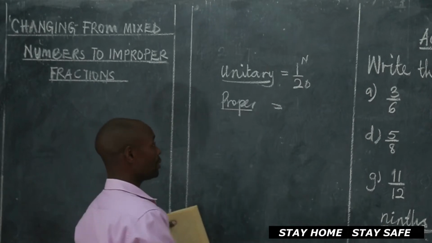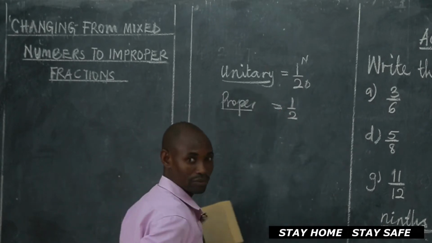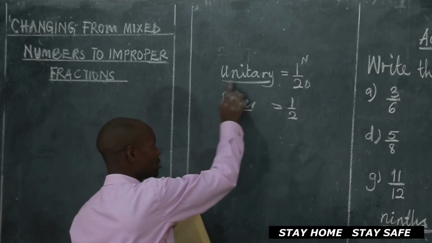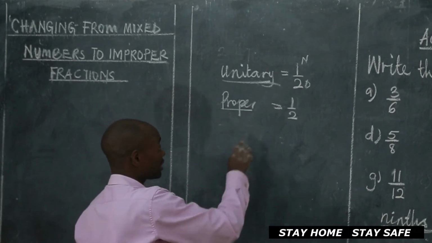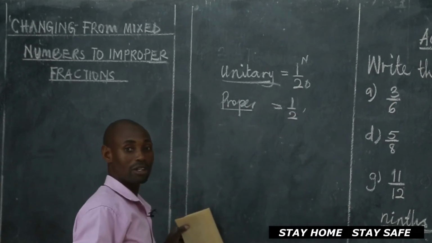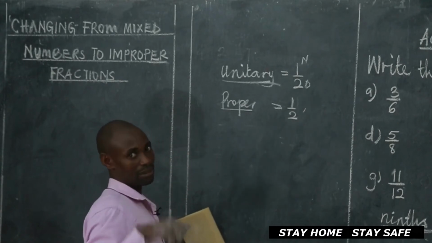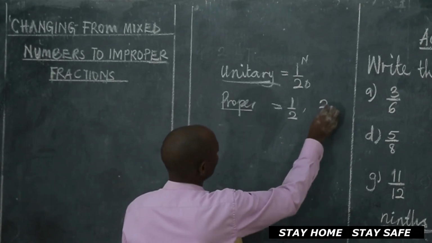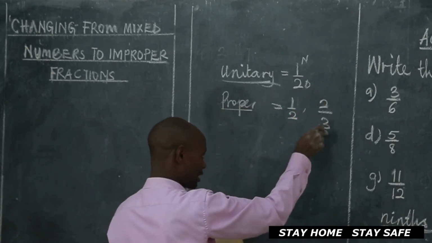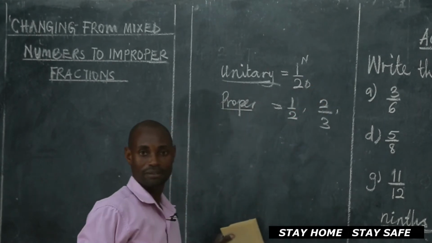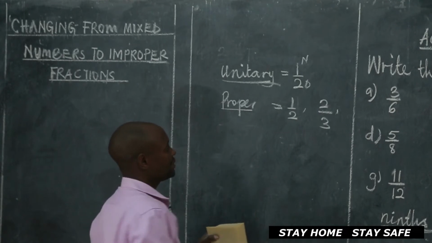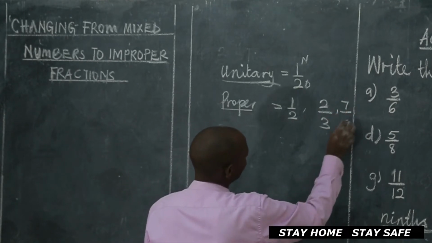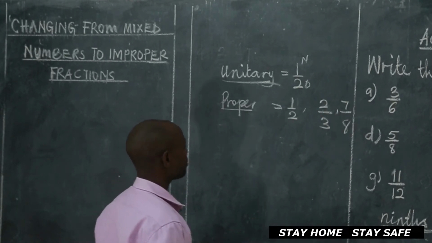For example, a half. So what does this mean? That all unitary fractions are proper fractions. Give me another fraction whereby the numerator is smaller than the denominator. Very good. Somebody is telling me 2/3. 2 is smaller than 3. Give me another one. 7/8, very good. 7 out of 8 is a proper fraction.